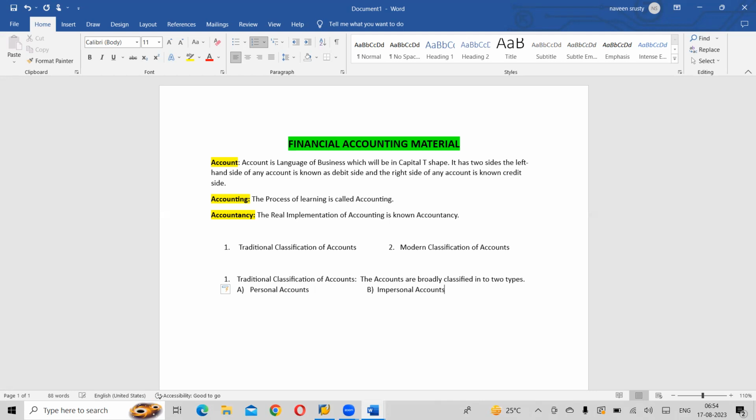Never say that it is three types, even if you are explaining to your youngsters. It's only two classifications: personal accounts and impersonal accounts.